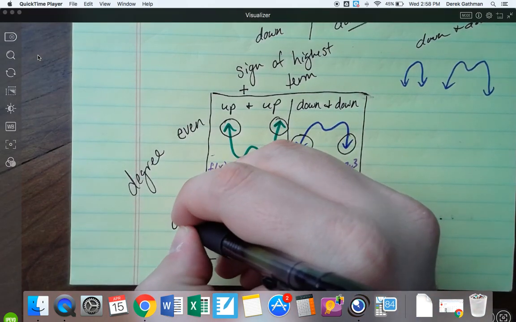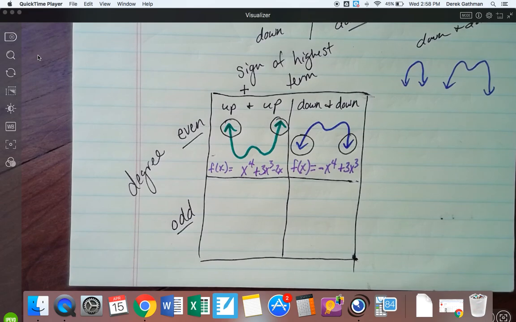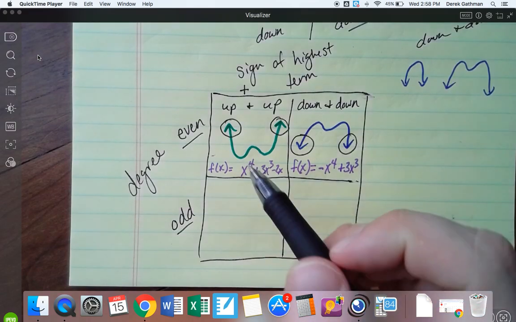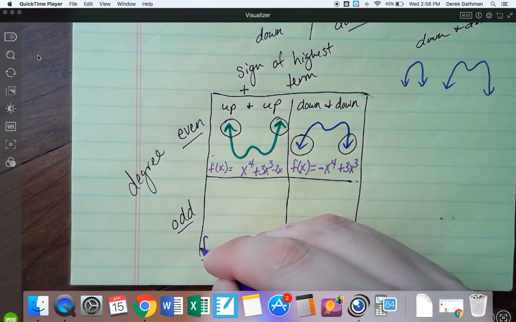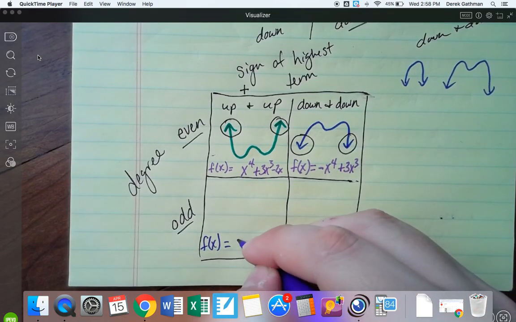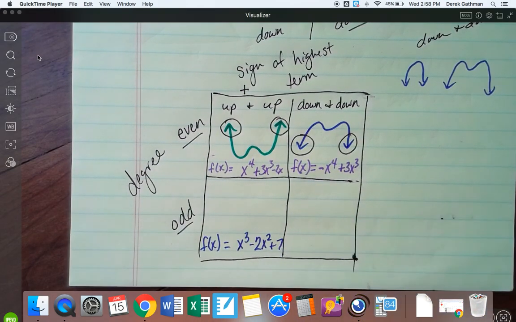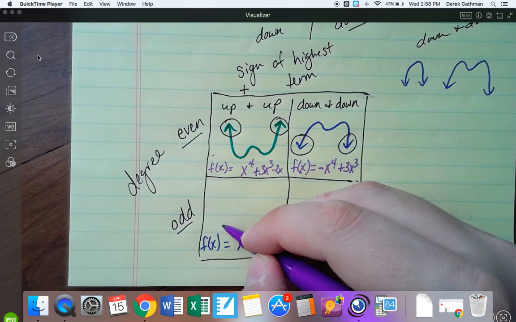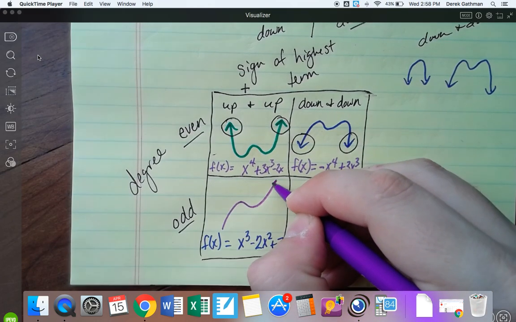For an odd degree, if the degree of my function is odd, and it is positive out in front, so for example, f of x equals positive x cubed minus 2x squared plus 7, something along those lines, my function is going to go down and up.